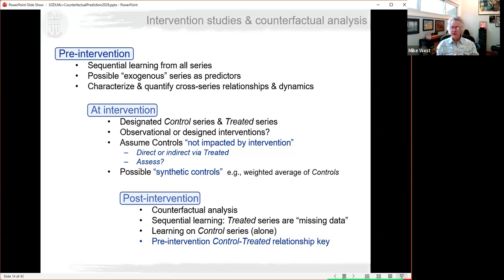So we're making the assumption that the control series are evolving in time, and what we think about the relationships between the control and the treated series is based on the pre-intervention structure. So that's important to get as right as possible. So that's the setting of a sequential time series intervention study with a counterfactual analysis.